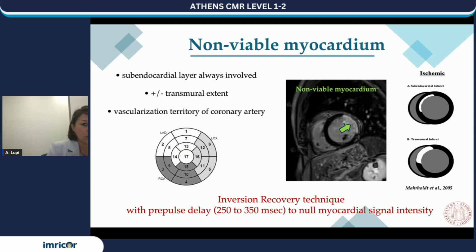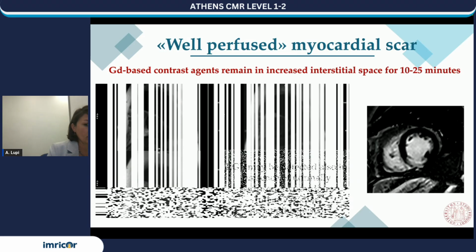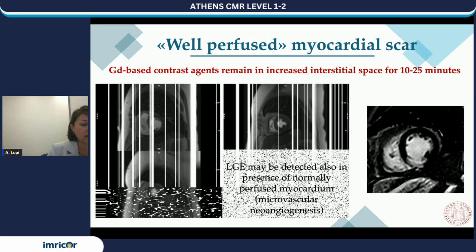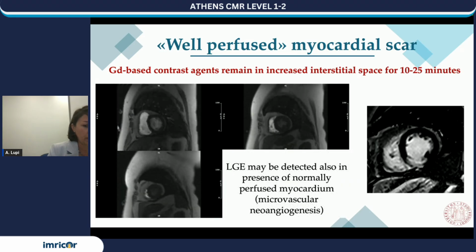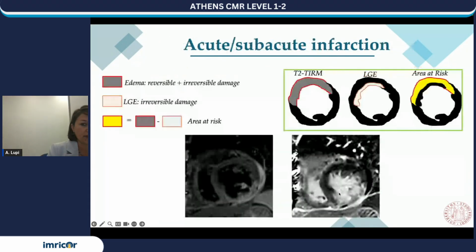Going back to the viability evaluation, this is important because we can identify not only the area of perfusion also within a scar due to microvascular neoangiogenesis, but we can also recognize the area at risk.